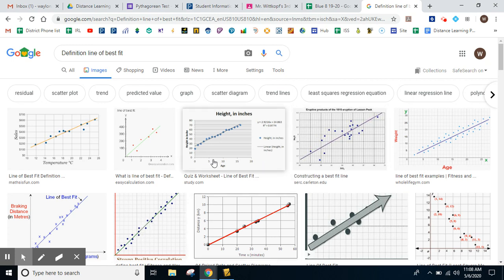A strong correlation just means that the points are really close to the line of best fit, right? So if I look at this one right here, this is a super strong correlation because all of the points are almost on the line of best fit, right? This one is a weaker correlation, right?